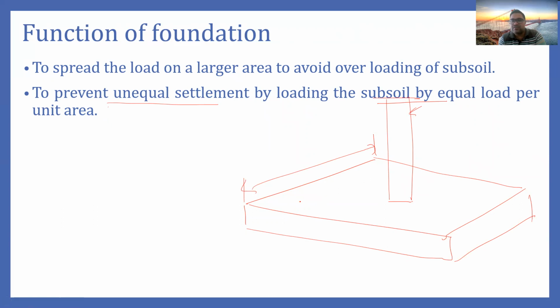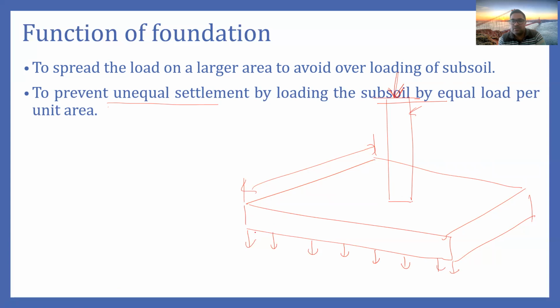Now this flat surface will ensure that there will not be any unequal settlement. Because when the downward load comes on the column, if the foundation is sinking, this flat surface will ensure that if the settlement is occurring, it will be uniform.